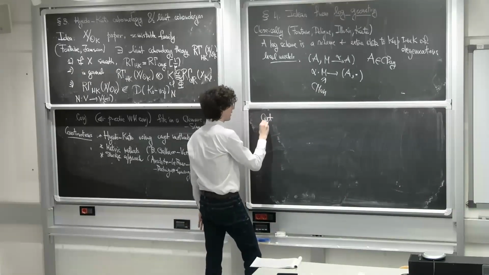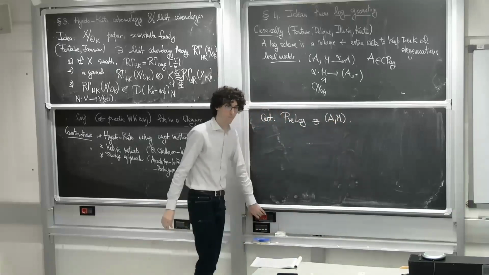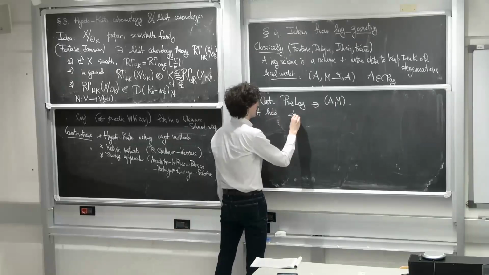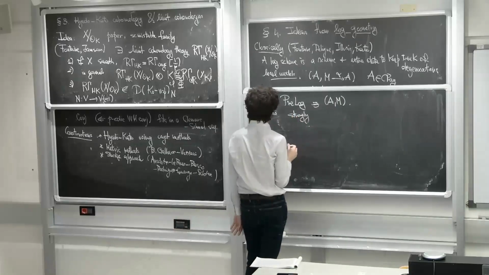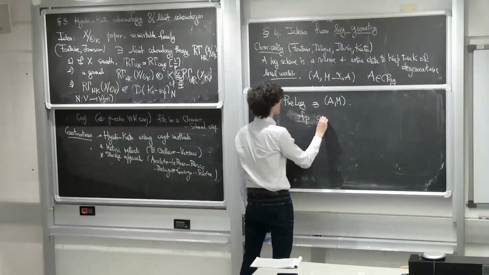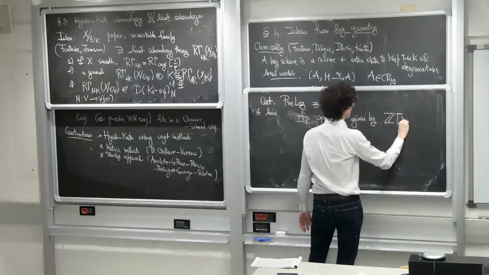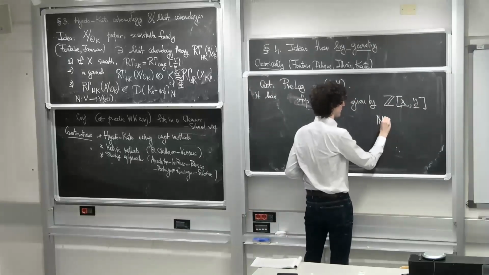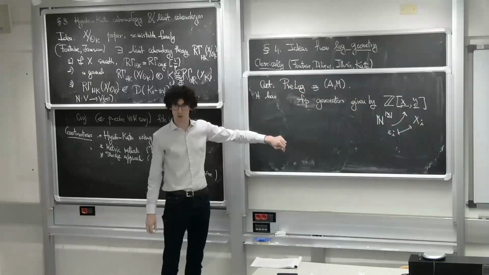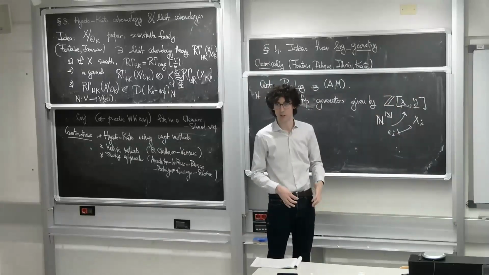So we have these pairs, just write (A, M), and this category has strong generators, strongly finitely presented generators, given by polynomial algebras. Exactly as polynomial rings over Z are the generators for commutative rings.